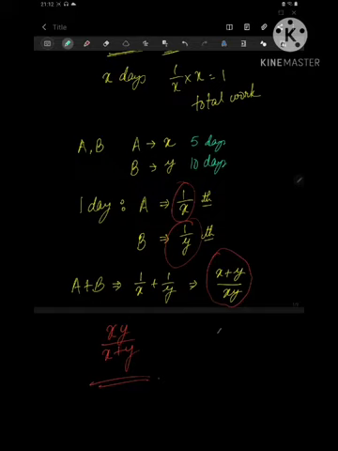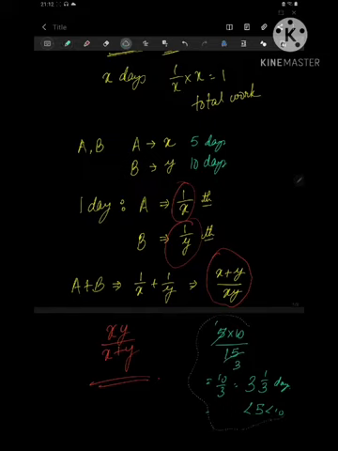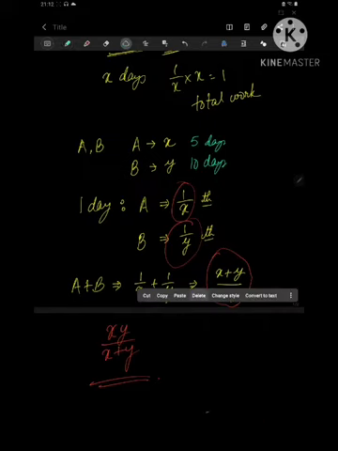So it will be X into Y by X plus Y, that is 50 by 15, that is 10 by 3, that is 3 and 1/3 days. And we can see that 3 1/3 is less than 5, which is less than 10. So I guess I have shown a very easy way to solve this type of numericals.